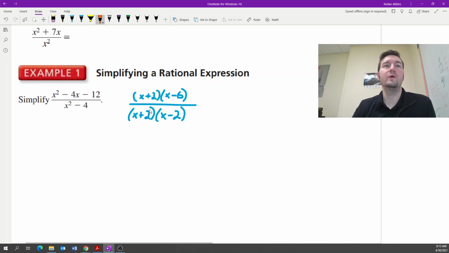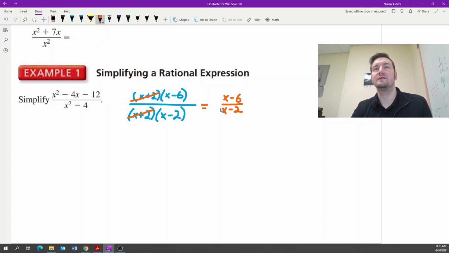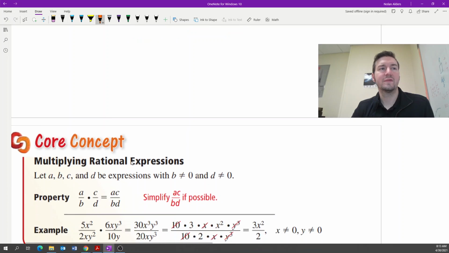At this point, we have an x plus 2 and an x plus 2 in here. So since we have the same factor in the numerator and denominator, we can cancel those out. And our answer is just going to be x minus 6 over x minus 2. And that's it. That's your answer. Nothing else can cancel out.